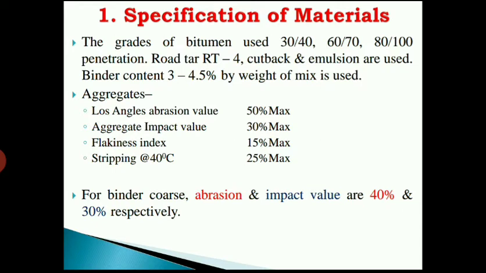So maximum 25% is the limit they have given for the stripping test, especially for the bitumen. And for binder course the abrasion and impact values are 40% and 30% respectively. So for aggregates the Los Angeles abrasion value is different even for binder course. For binder course the abrasion value is maximum 40%, and the impact value maximum 30%.